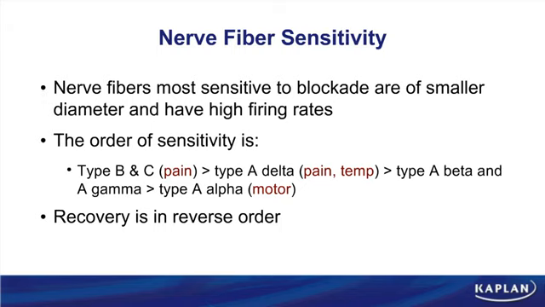Then it's type A beta and type A gamma, followed by type A alpha, which are your motor neurons. So the pain fibers are affected first. Type A beta and type A gamma, by the way, mediate touch and pressure. So those are less affected, and the motor neurons are the last to be affected.